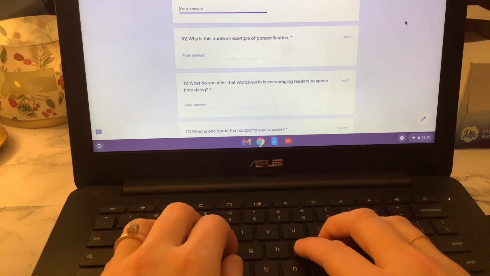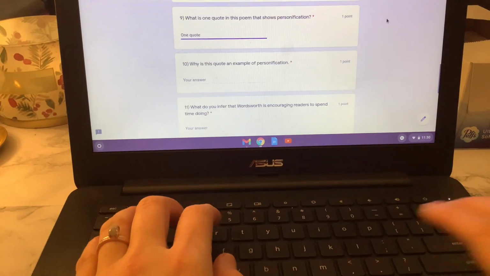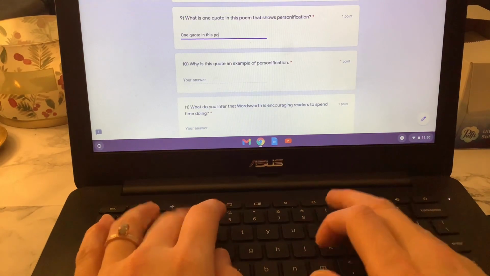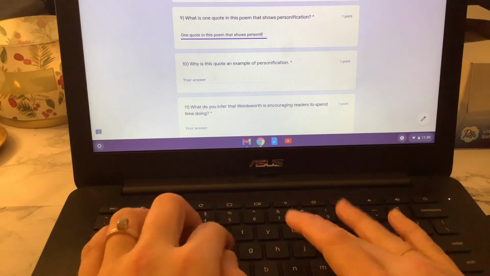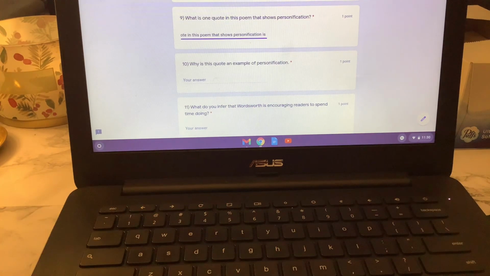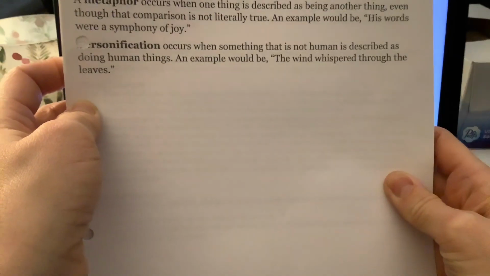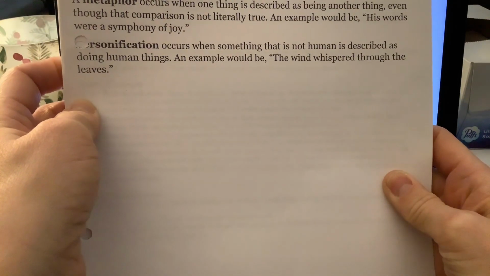Okay, question 9 asks, what is one quote in this poem that shows personification? So we'd say one quote in this poem that shows personification is... So remember this definition, which you have in your language arts binders and which I have here, reminding you that personification occurs when something that is not human is described as doing human things.